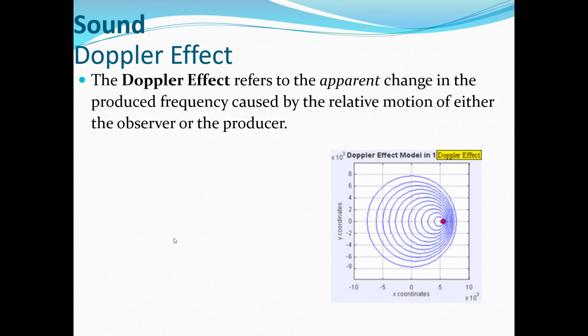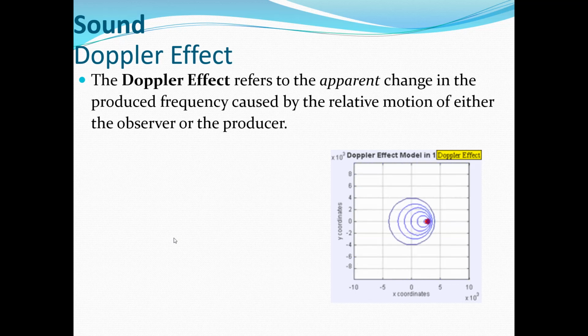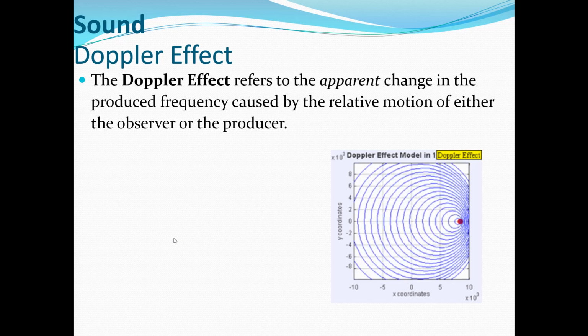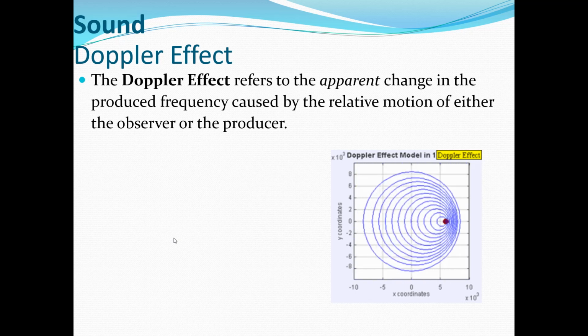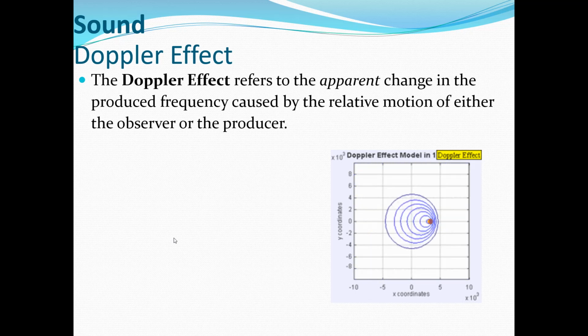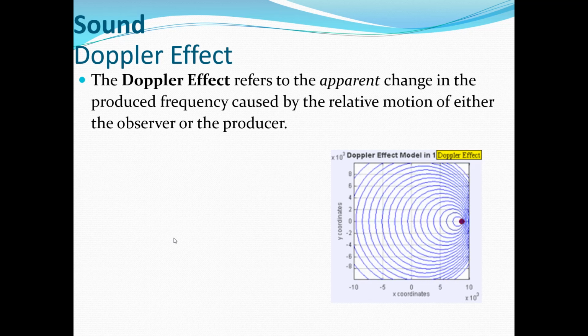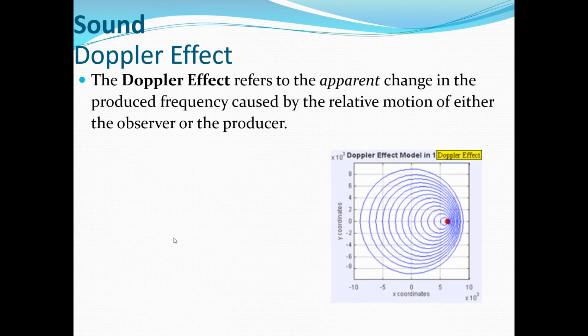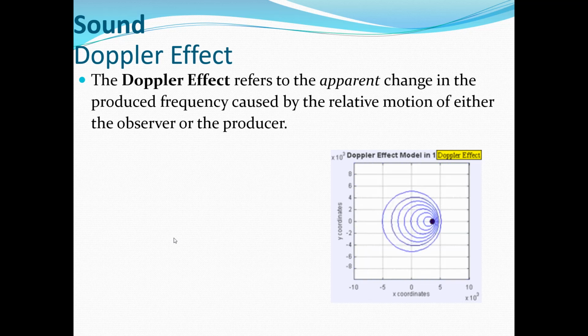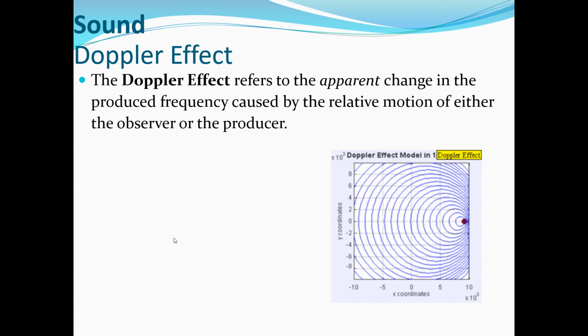You normally only get that when you are dealing with astronomy or some sort of radioactive things. But I'll talk about how the Doppler effect is affected in light later on. So we're just going to talk about its effect with sound.